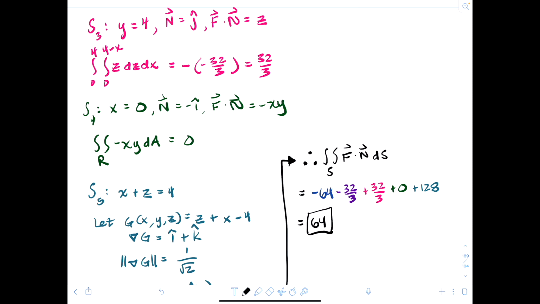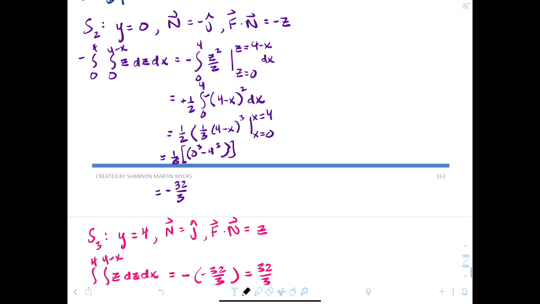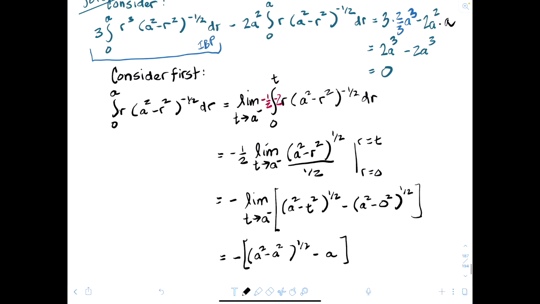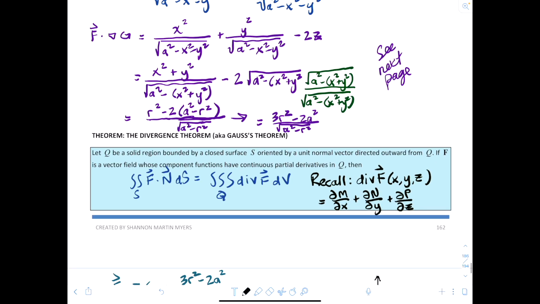Okay, so now let's go ahead and use the divergence theorem. For the divergence theorem, remember what we're doing. Let's go look at it again because it's been so long. Yeah, it's up here. So for our divergence theorem, we just need to find that dM/dx plus dN/dy plus dP/dz.